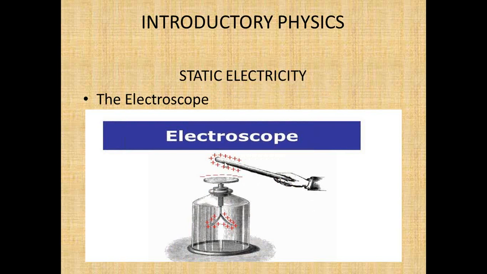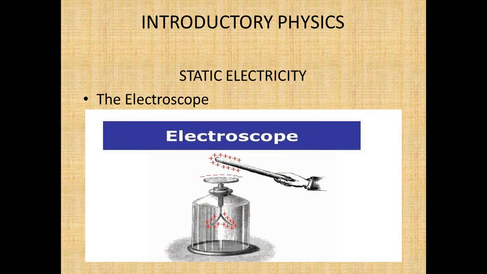The electrons want to jump over to this positive rod, but you didn't touch it. So they're going to move from down here and crowd up here, and because the electrons move from here, these structures down here are going to be positive, so they're going to spread apart.